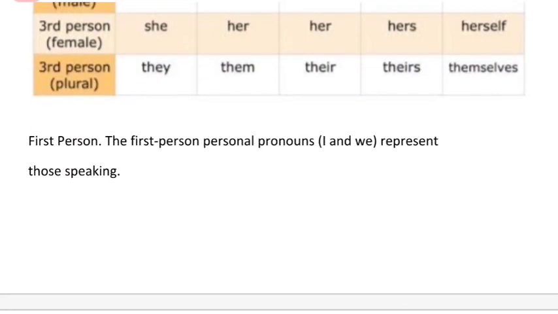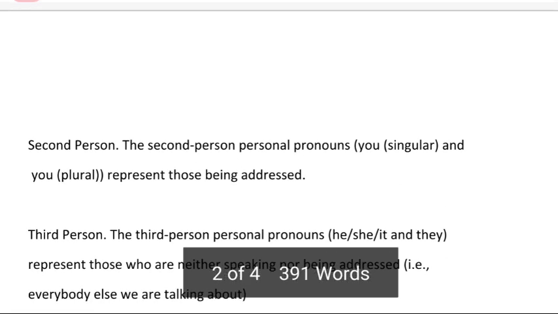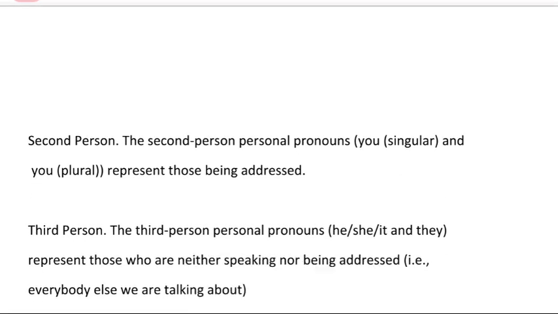First person. The first person personal pronouns are I and we, I in singular form and we in plural form. It represents those who speak. The second person personal pronoun is you in singular and you in plural, and they represent those being addressed, or the listener.